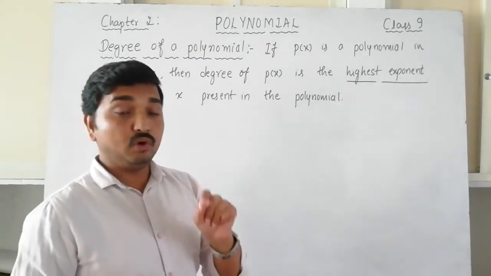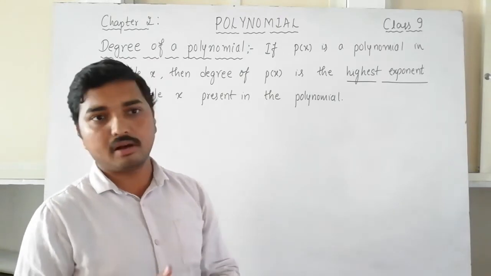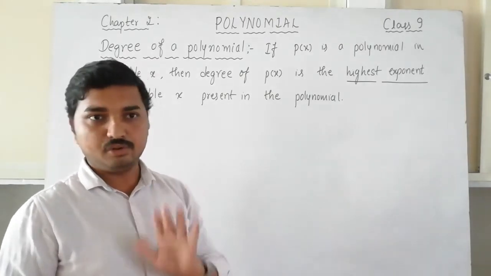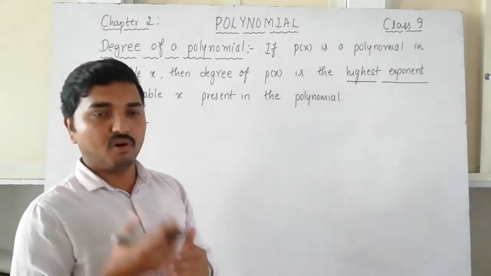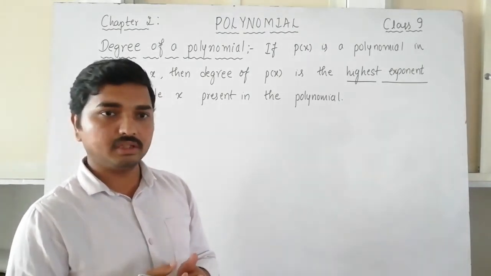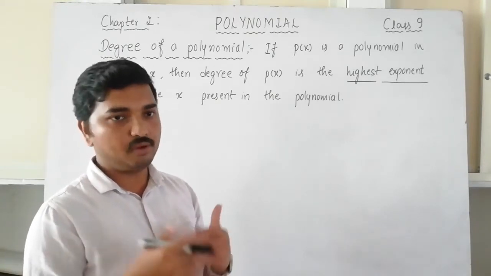If you look at the highest power of the variable in a given polynomial, definitely it should be a non-negative integer, because the possible powers of x are 0, 1, 2, 3, 4, 5 and so on.